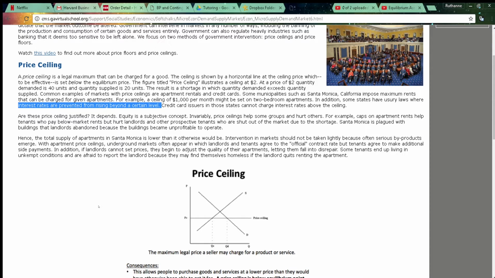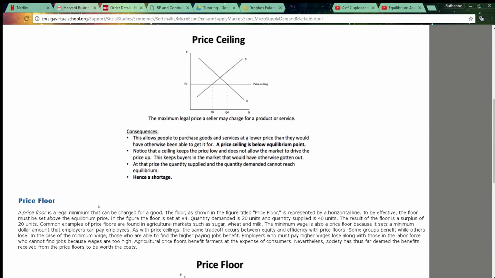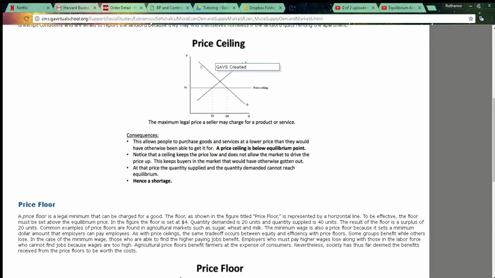If it's somebody who makes less money because of the price ceiling, they're obviously not going to like it. And if there's somebody who's not having to move out of their home because of it, then they're obviously going to like it. On the other end of that, this is an example of the price ceiling as it relates to the supply and demand graph.